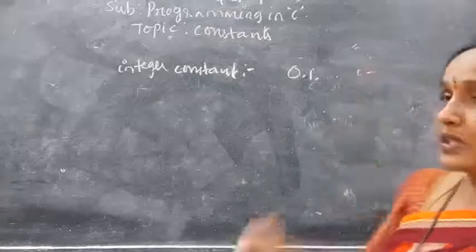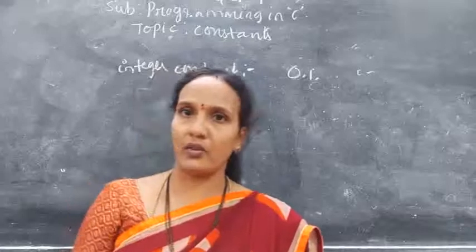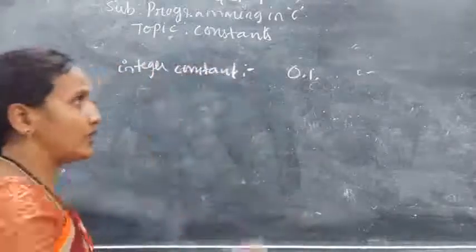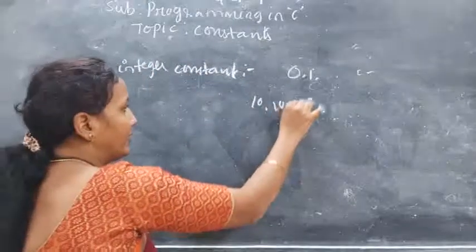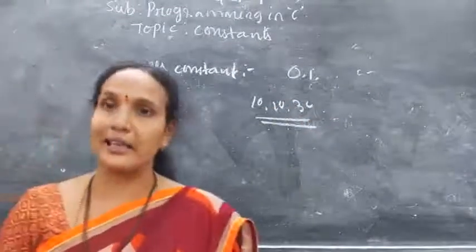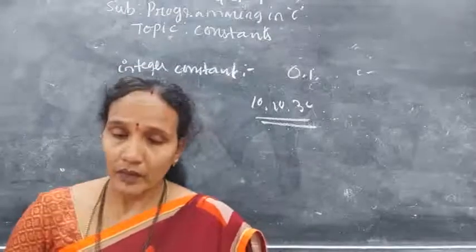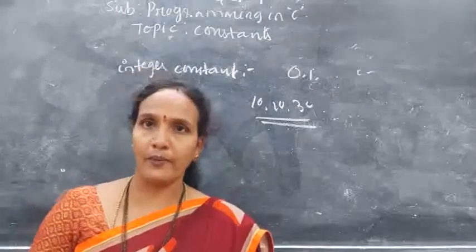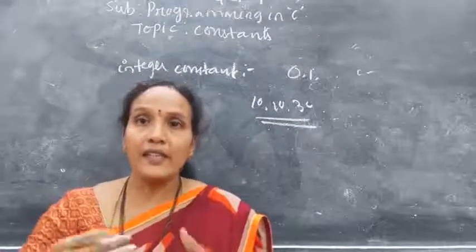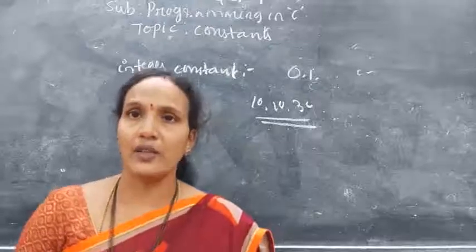A number which is not holding decimal places is called an integer constant. Like this: 10, 20, 30, there is no decimal place. So if a variable is holding a fixed integer value, then that is called an integer constant.